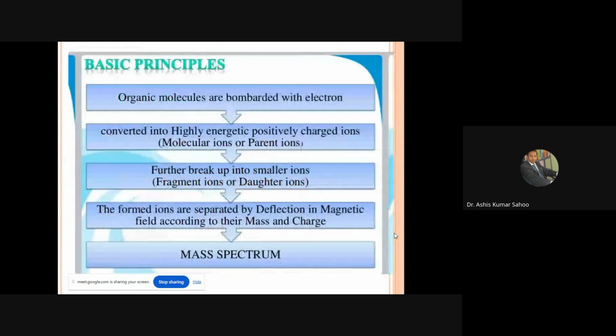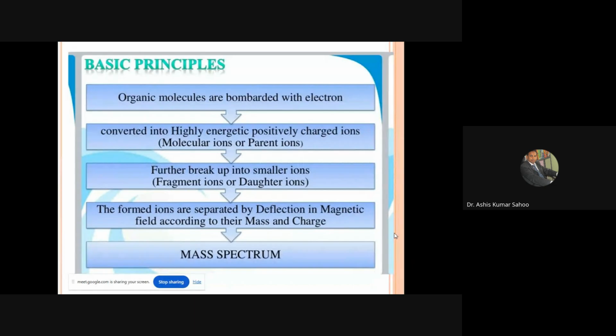So first, what is the basic principle? What are the steps? Organic molecules are bombarded with electrons. They are converted into highly energetic positively charged ions, known as the molecular ion.